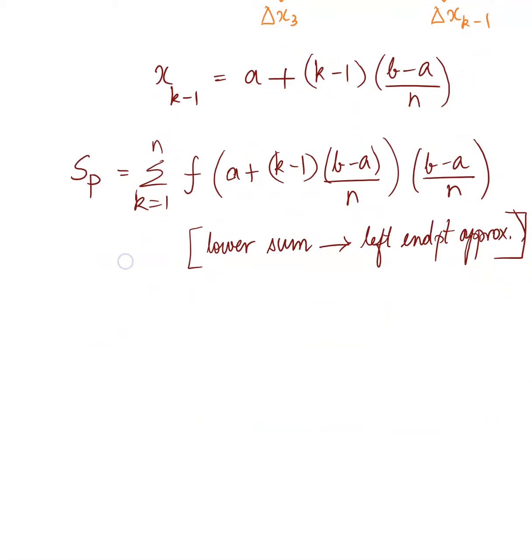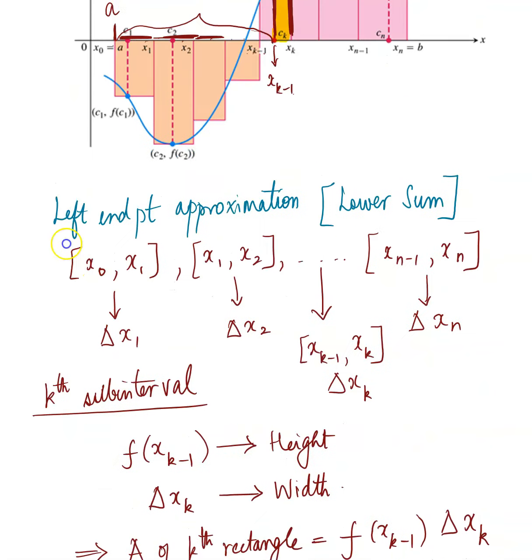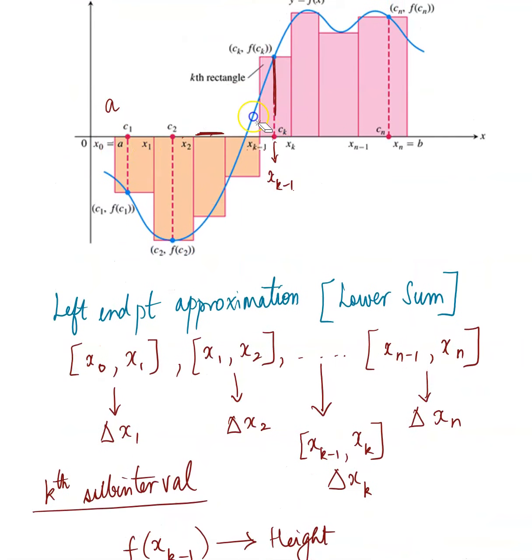Now what about finding the upper sum? Okay. So I'm going to go up to our diagram here, clear all this, and then see what happens if it was an upper sum. If it was an upper sum, we will be looking at the right endpoint. So this would have been my case.